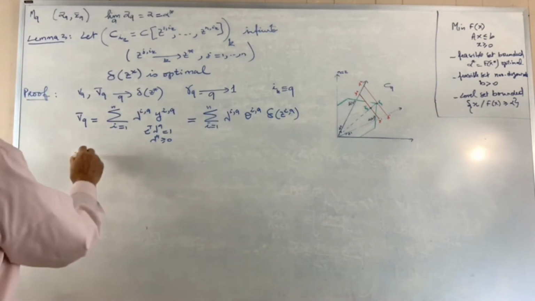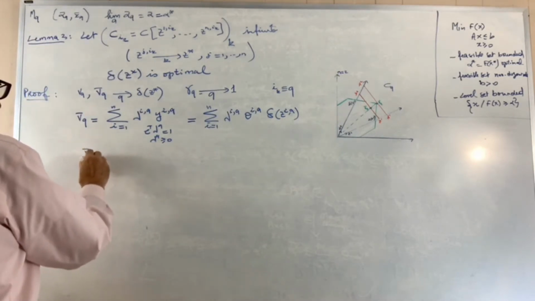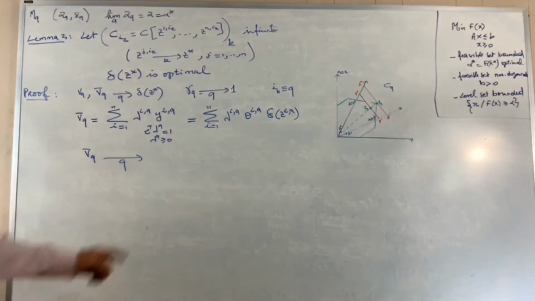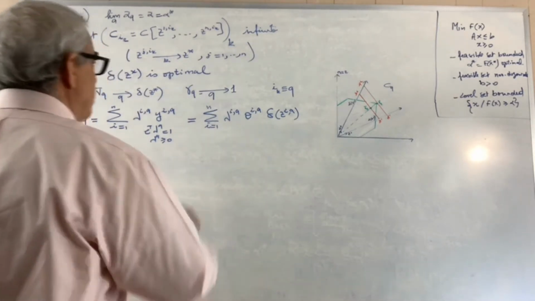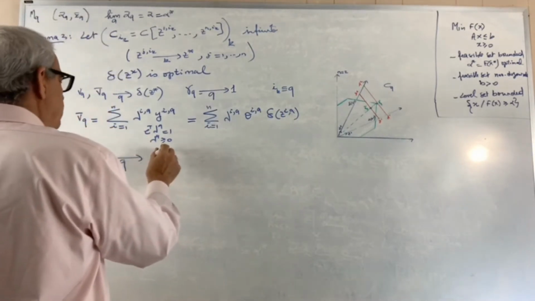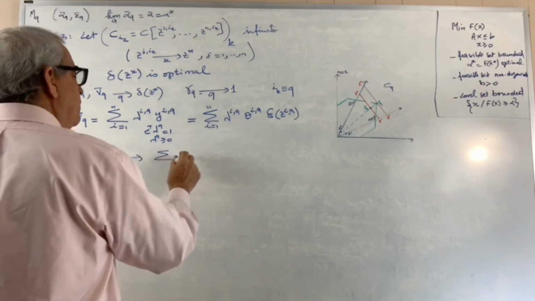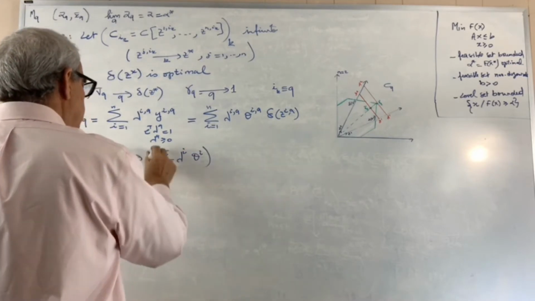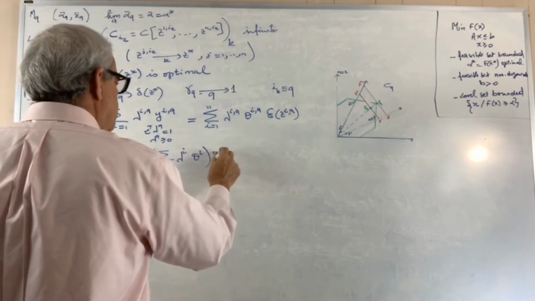So v bar q converges, right? So everything here converges subsequentially. So it converges to the sum of lambda_i theta_i times delta of z star.